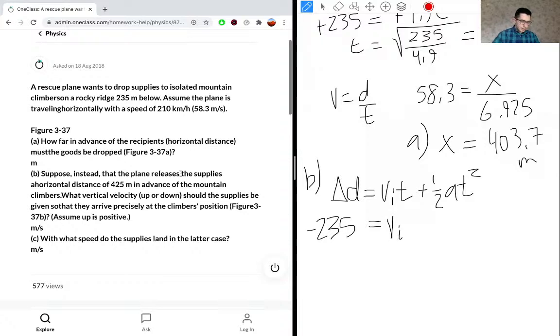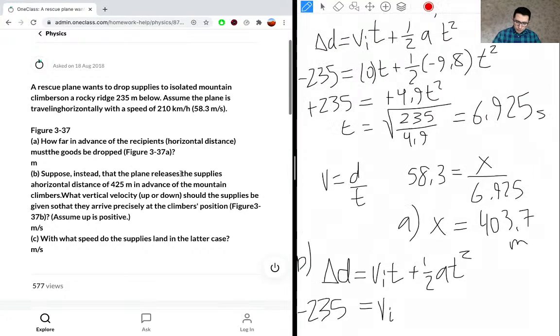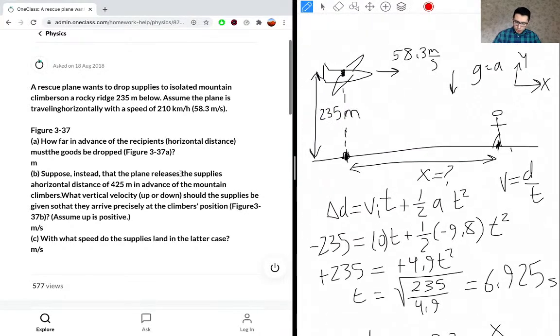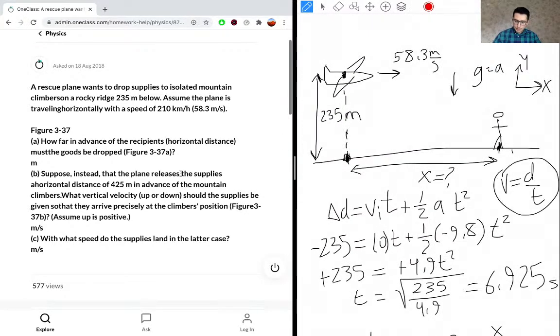The time in this scenario is something we'll also have to solve for. So in order to solve for this, we have to use this equation over here because we're given the distance. We're given the X value in question B, which is 425. We're not given time, but we know the initial velocity. So let's solve for time.